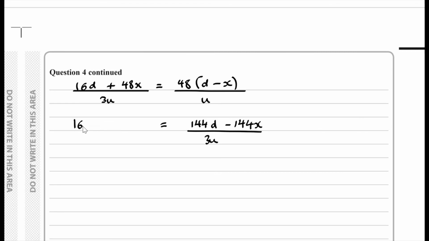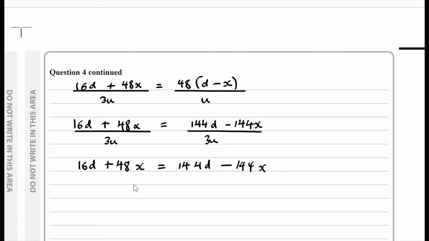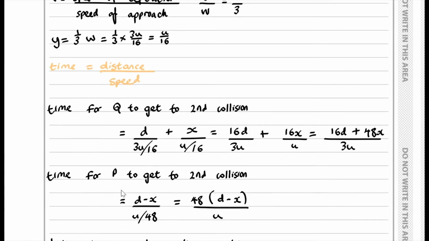So we have 16d plus 48x equals 144d minus 144x. And if we tidy this up, we get 192x equals 128d, from which hopefully you can recognize x is equal to 2d over 3. And that's it.